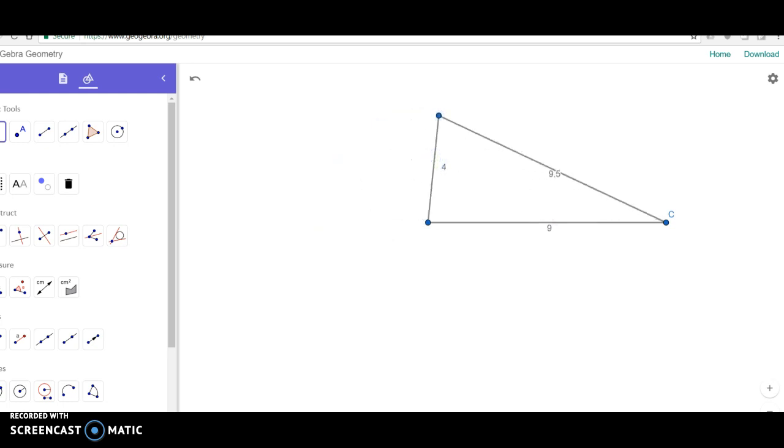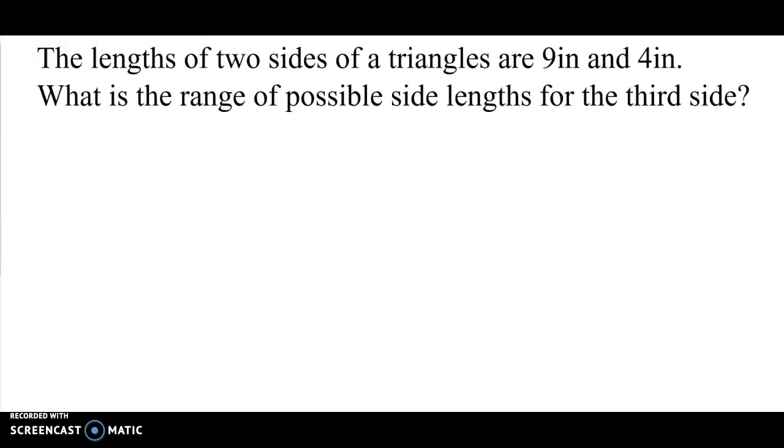But when we make it smaller, x can be little, but then what happens when it turns to 5? 9 minus 4. So it has to be greater than 5, but less than 13. So we said that x has to be greater than, what does it have to be bigger than?